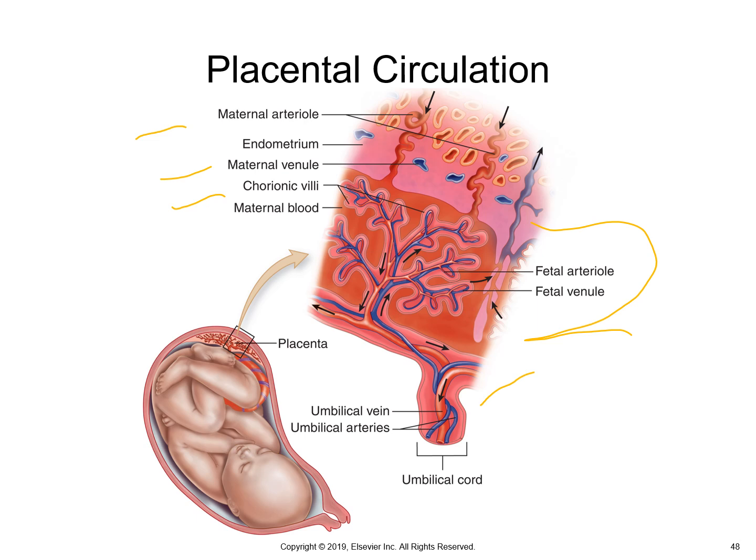Carbon dioxide and other metabolic waste products from the fetus are going to diffuse into the maternal blood for elimination. The placenta also is going to filter out harmful substances, like some drugs, alcohol, and also infections that could cross the barrier. So the placenta is going to hopefully filter out some of those things.